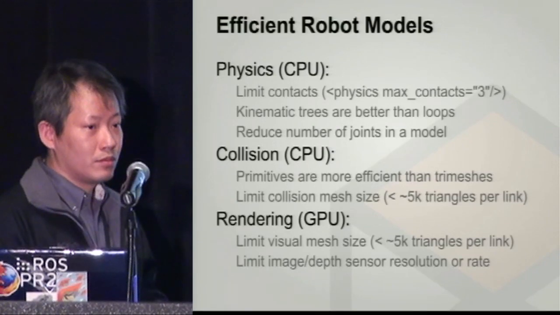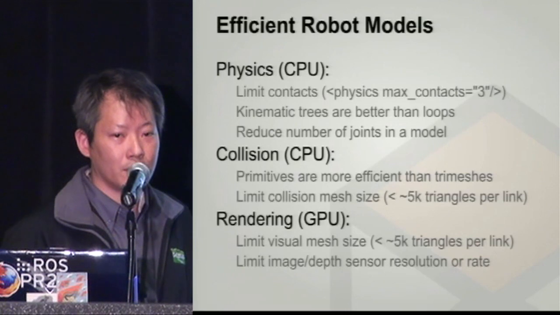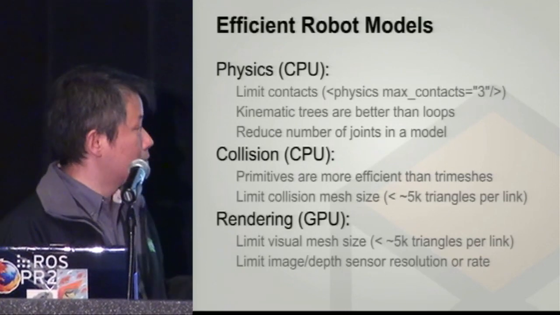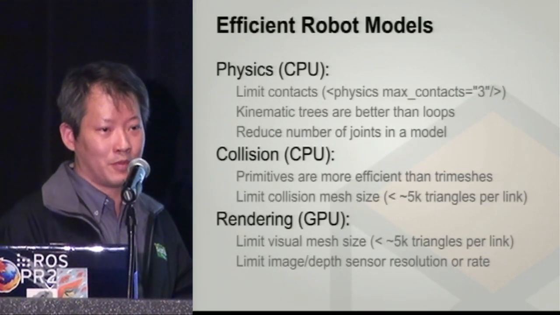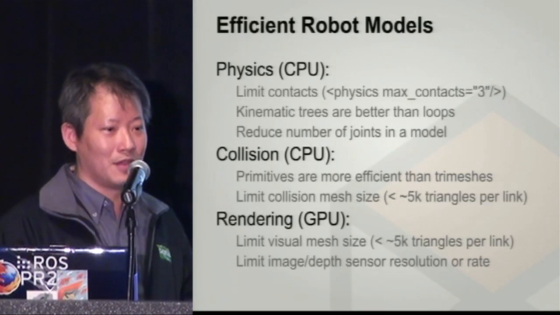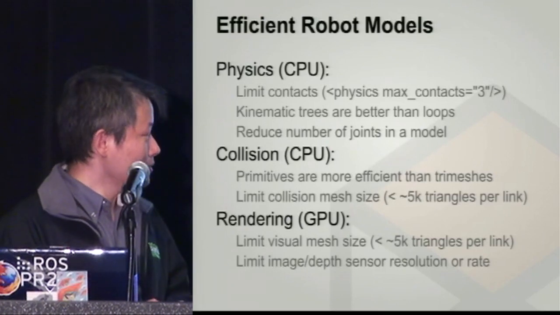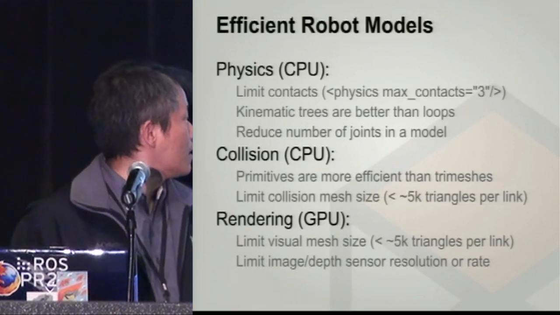So either you try to use primitive collision geometries or keep the number of triangles in the tri-mesh as low as possible. And as a rule of thumb, I put this number, 5K. That's based on my desktop for the PR2 running in real time per link. So that number may vary, depending on your computational resource.